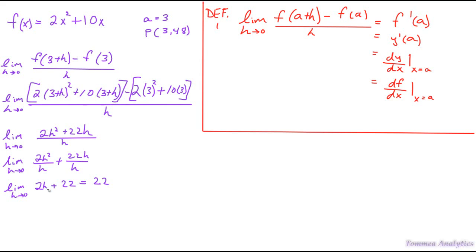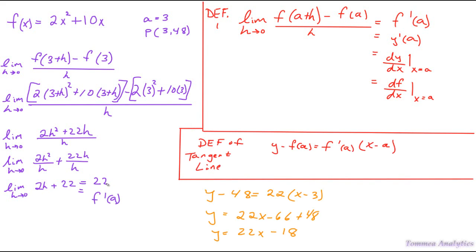But it's extremely important to keep in mind it will not equal exactly 0. It's just getting close to 0. When that happens, this term here, the 2h, effectively becomes so close to 0 that we're left with 22. So we say that the limit is equal to 22.